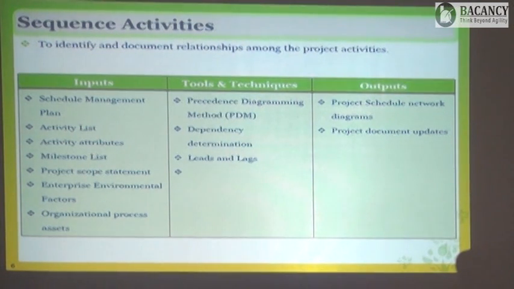Is this type possible, so that these two activities...? Yes, it is very much possible, but you need to show some arrow here also. See, it can be possible that two activities have one common successor.